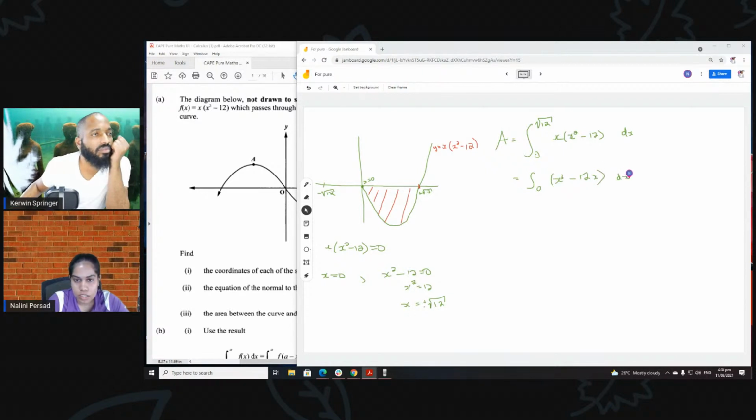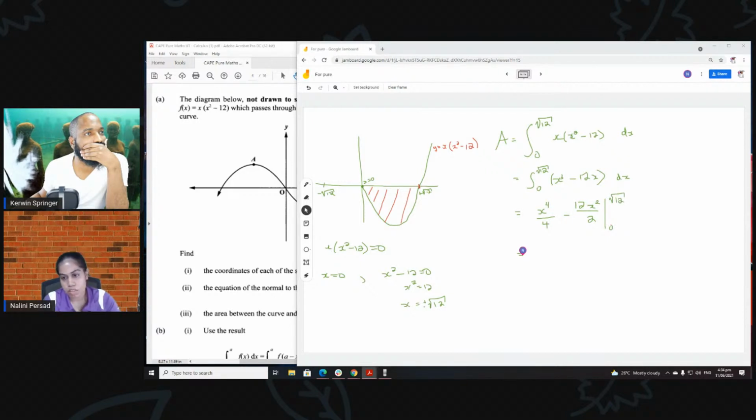So we're going to integrate this between the limits of 0 and root 12. Right? So the integral of x cubed, well, we add 1 to the power, which will give us x to the 4, divided by the new power, which is 4, minus 12x, we add 1 to the power and divide by the new power, which is 2, so that's just 6x squared. So the limits are between 0 and root 12.